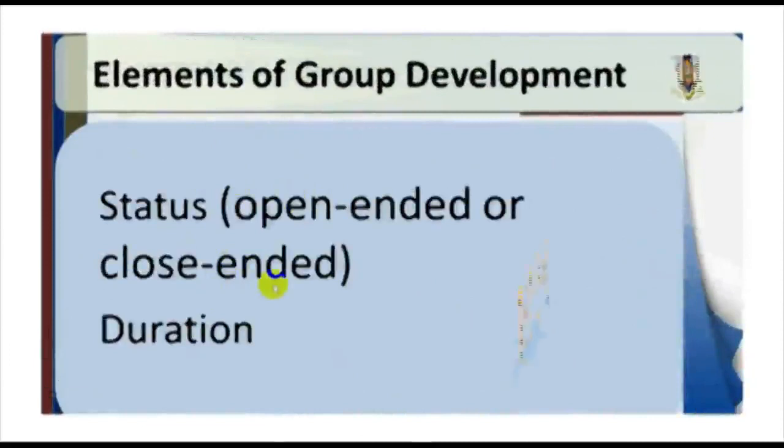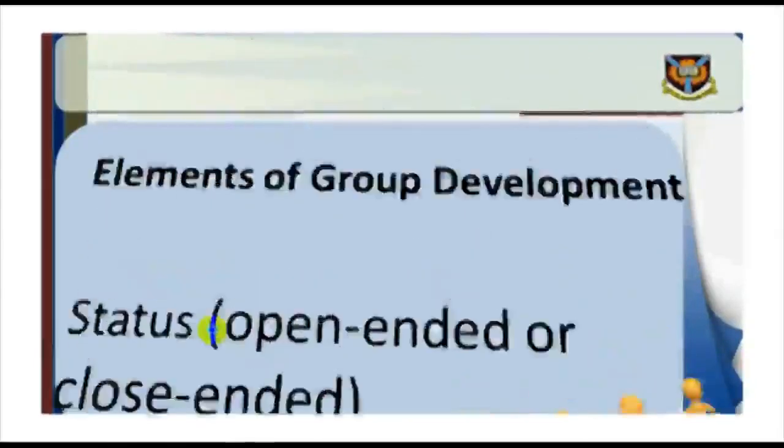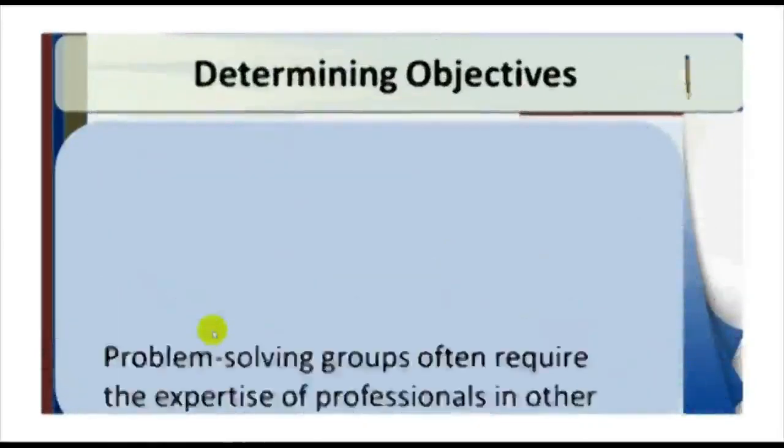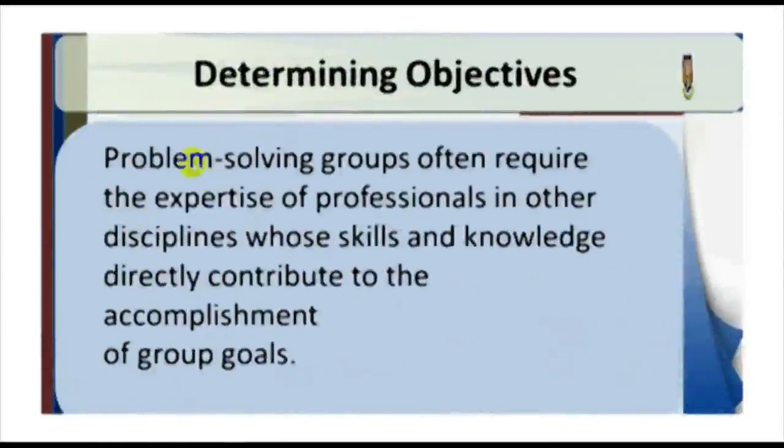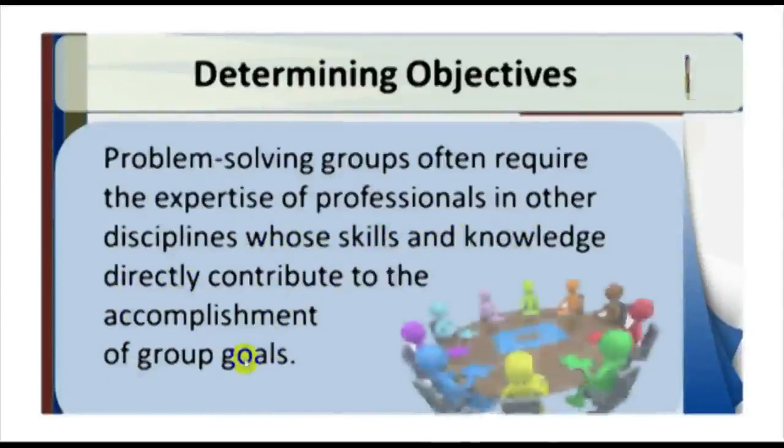Elements of group development. Determining objectives. Careful consideration must be given to the objectives of a group being formed in order to select effective members. For instance, problem-solving groups often require the expertise of professionals in other disciplines whose skills and knowledge directly contribute to the accomplishment of group goals.